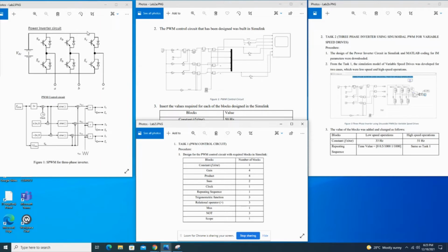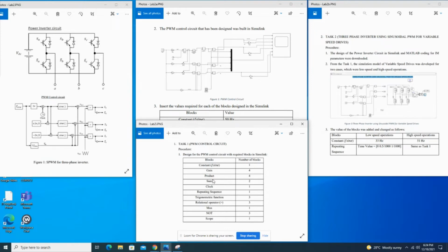In the middle picture is the whole control circuit of the pulse width modulation simulation. For the task of designing the pulse width modulation control circuit, the required blocks are needed below. The constants, which are the square ones, are right here, and then you have 4 gains. The gains are the triangular ones.